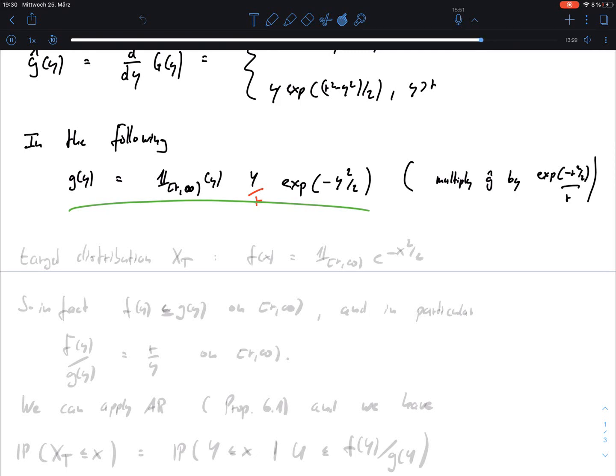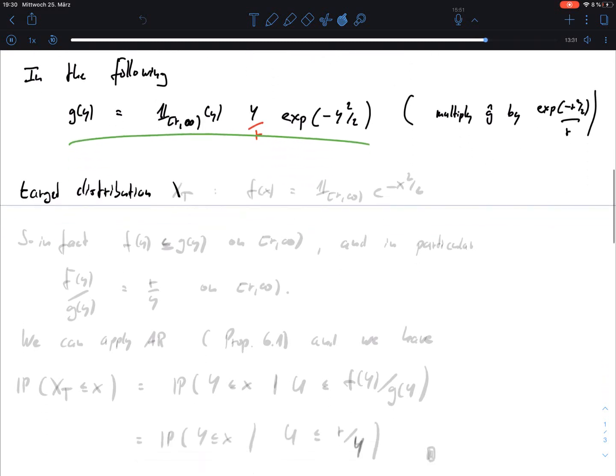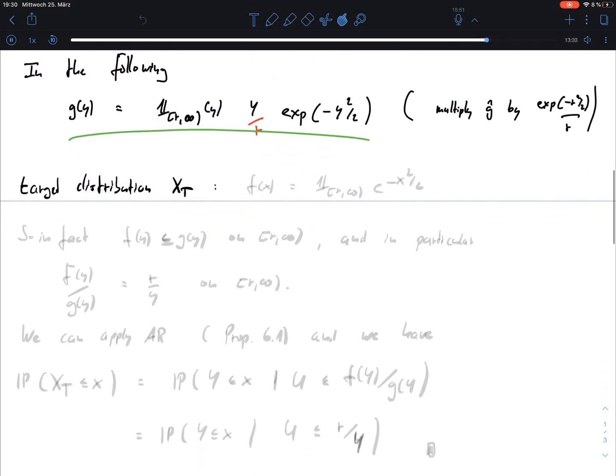The target distribution is the tail variable X_T, with f of x, indicator function from r to infinity, e to the power minus x squared over 2.